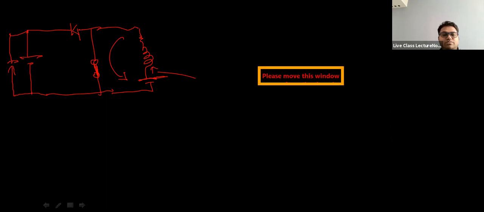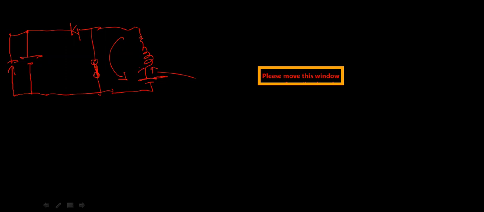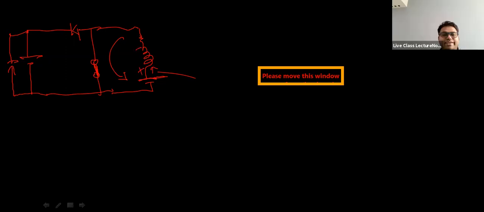Is it not so? Yes, sir. So it will turn this as positive and negative because the inductor will try to oppose the inflow of current. Is it not so?